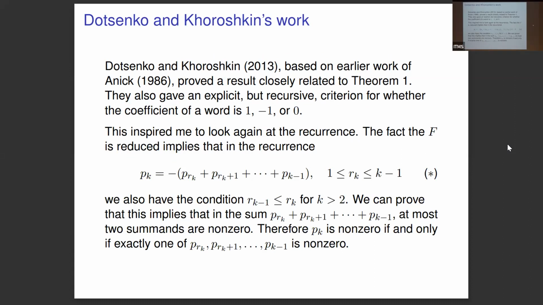But if we use the condition that the set of forbidden words is reduced, we have an additional condition, which is R_{k-1} is less than or equal to R_k. And it turns out that this implies that in my sum, at most 2 of the summands are non-zero.